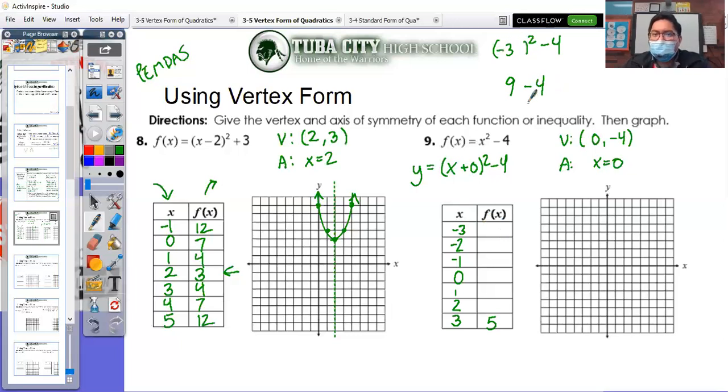Would that change anything? What's -3 times -3? Positive 9. It'd still be positive 9. So actually, it wouldn't change anything.